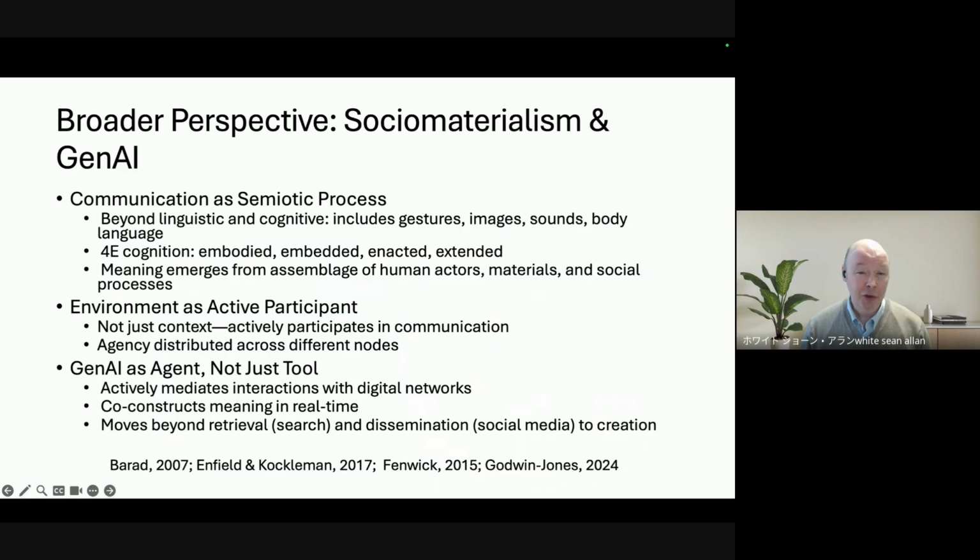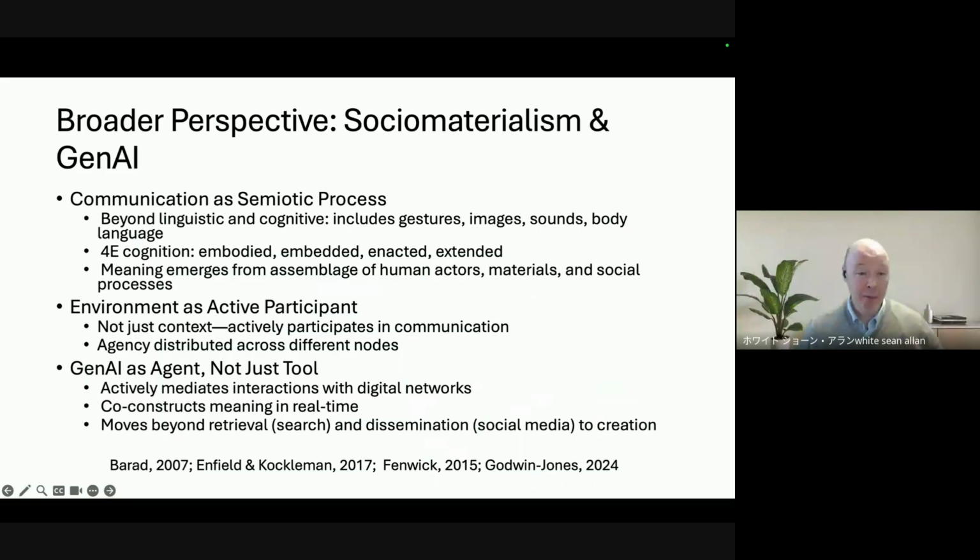So from a social materialist perspective, we start with this idea that communication is a semiotic process, right? Not just linguistic and cognitive, but includes gestures, images, sounds, body language. And also this concept of 4E cognition, that how we process information, how we do anything really, is made up of these 4 E's of being embodied, embedded, enacted, and extended.